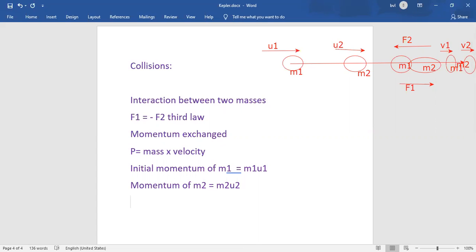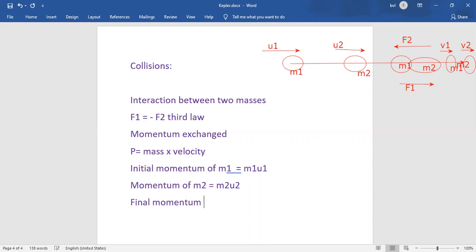Next, after the collision, their velocities are different, so they have v1 and v2. Initial velocities are u1, u2, and we have expressed the initial momentum as m1 u1, m2 u2. Similarly, we have to express the final momentum of these two masses in terms of v1 and v2.